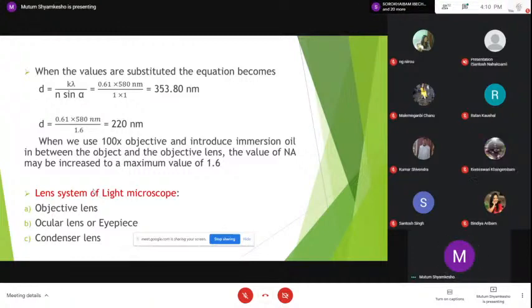Another point is that the limit of resolution of a microscope is inversely proportional to the resolving power of the microscope. If the value of the limit of resolution is smaller, then the resolving power of the microscope will be greater.